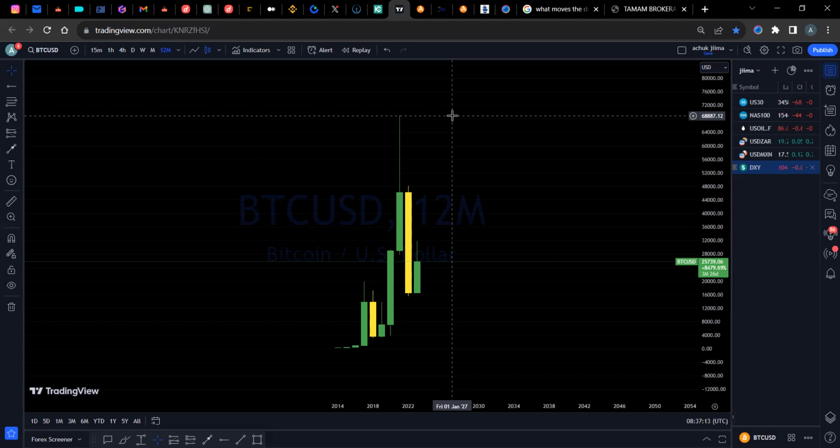Let me give you this live example. If you study during the COVID times, and especially when the stimulus check was being given to people in the USA, when everyone was getting some money from the government, you realize by that time there was a lot of need for people to buy Bitcoin and all of that stuff.